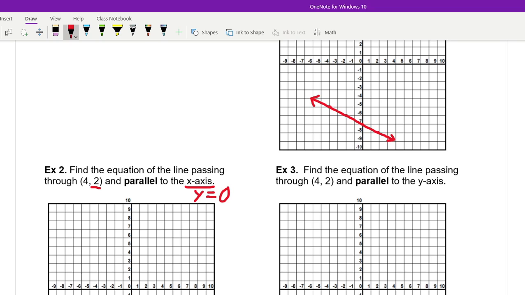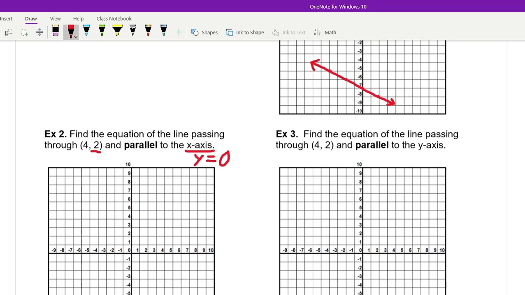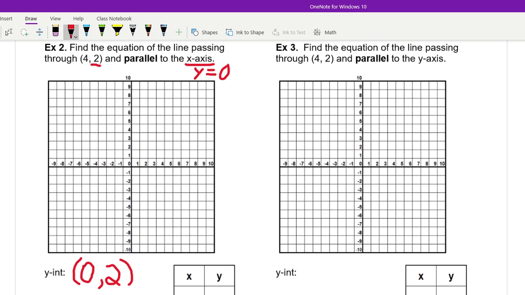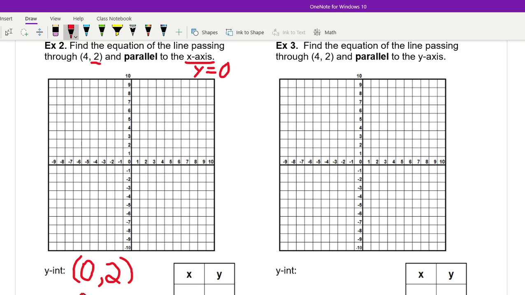So in this case, knowing that our y-intercept is 0, 2, and our slope, like the x-axis, the y equals 0 line, is 0, our equation will be y equals 2.